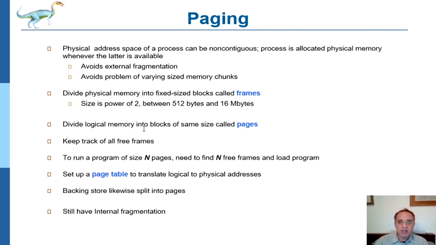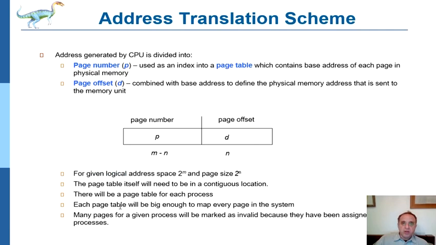We need to set up a page table to translate a logical address to a physical address, because we can't just have a simple mechanism like we said before of a relocation register. For each page, we need to know where it starts. The backing store, the disk drive, will also be split into pages. And like I said before, we still have internal fragmentation.